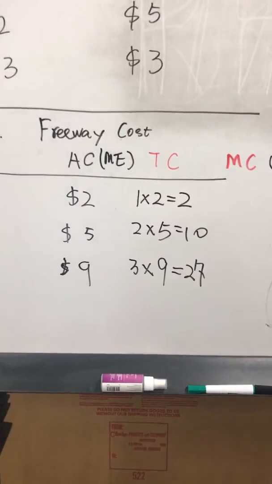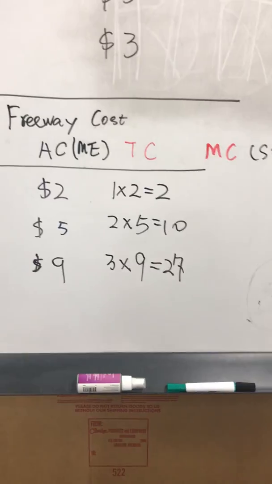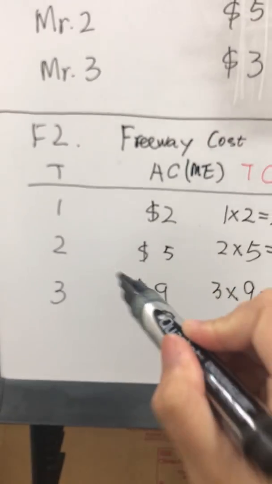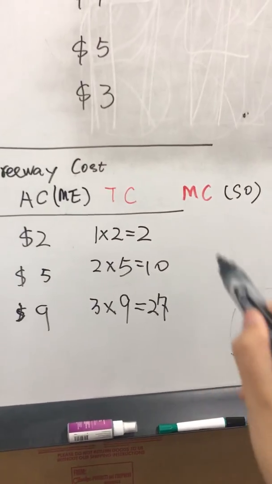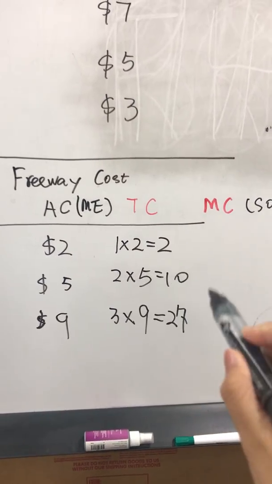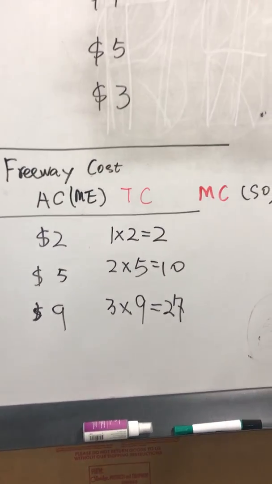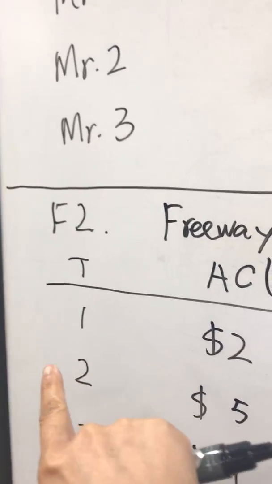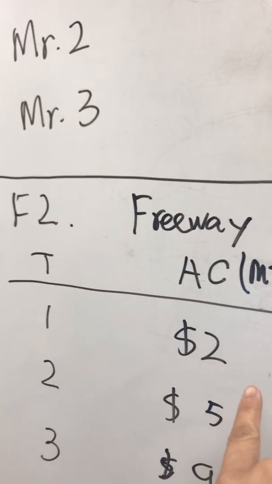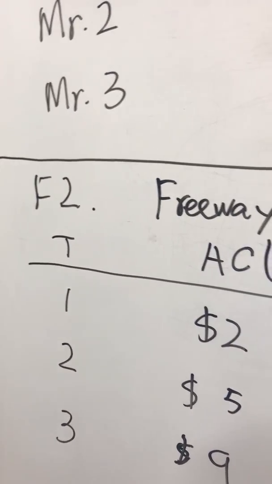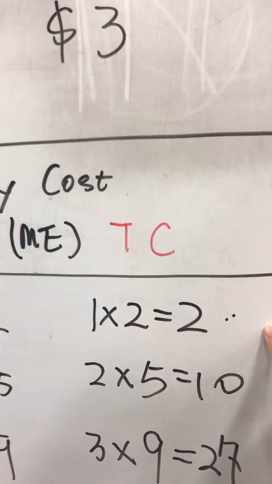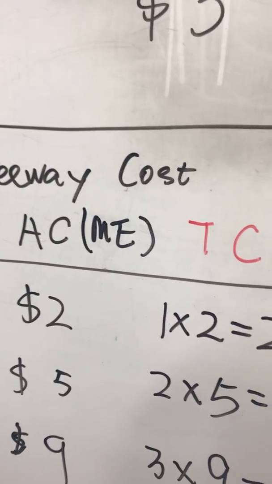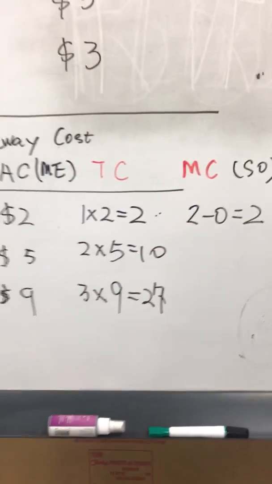Now, what is the marginal cost? Marginal cost means, by adding one extra user of the freeway, how much more cost it will bring. Before we have 1 user on the freeway, we have 0 users, like nobody uses the freeway. Of course, the marginal cost will be $2 minus 0, which is 2.